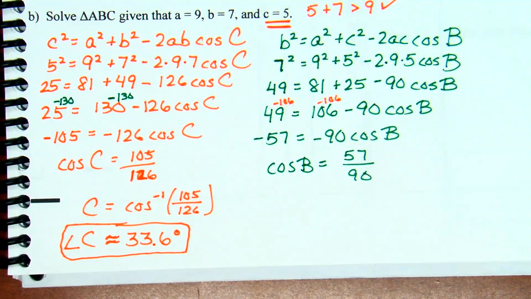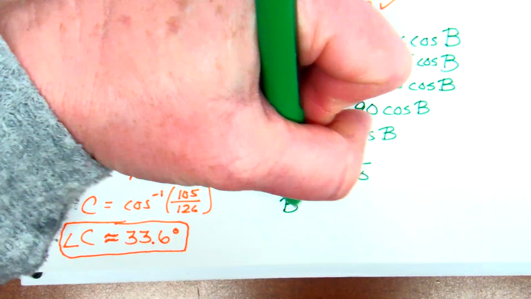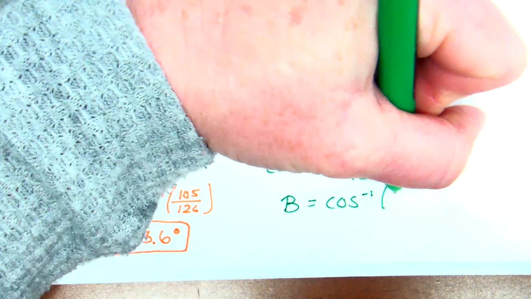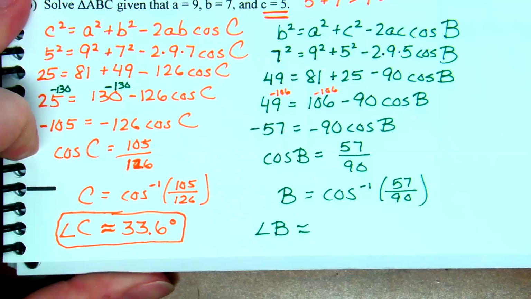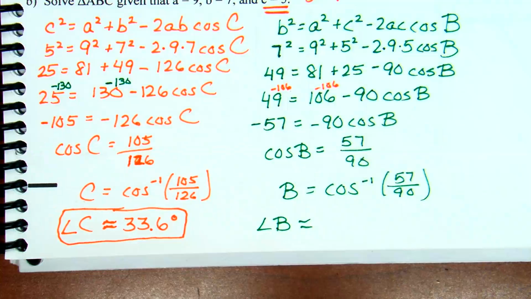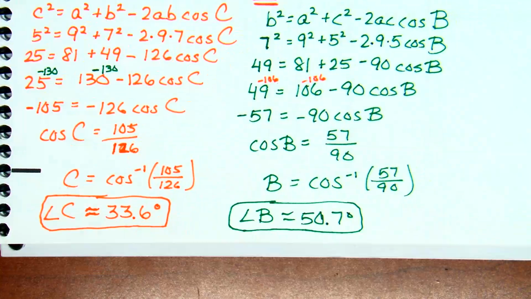And if it says cosine B equals, we're going to do cosine inverse of 57 over 90. And angle B, according to my notes and according to Stella, 50.7 degrees. And how do I have to finish this off?